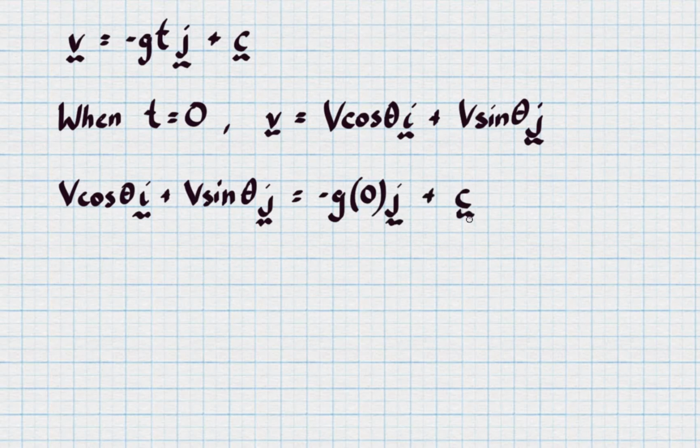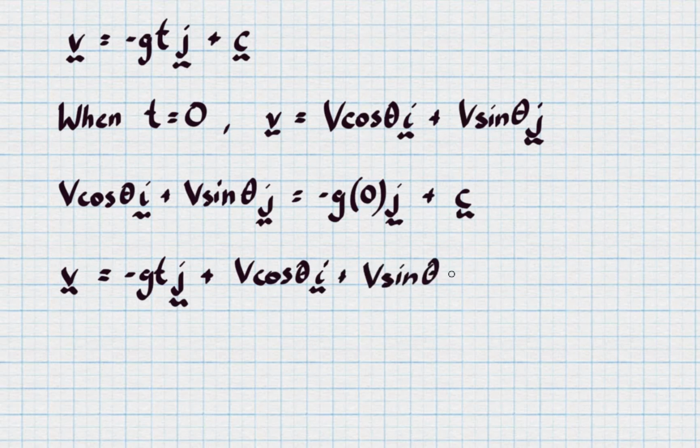And so since this clearly goes to 0, our constant must be this initial vector expression. And so our overall vector at any point during the motion is minus gt j plus v cos theta in the i direction plus v sine theta in the j direction.